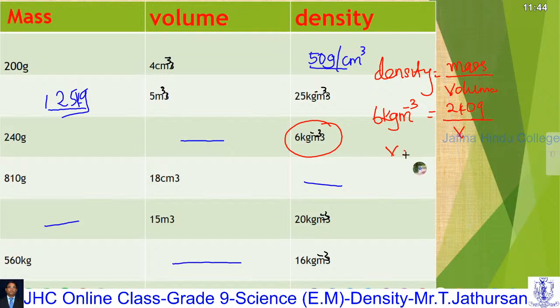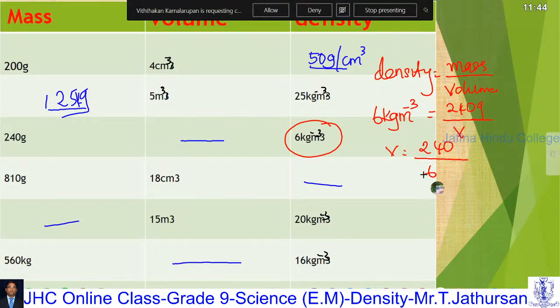V equals 240 over 6. So, what's the answer? 40. 240 meter cube.